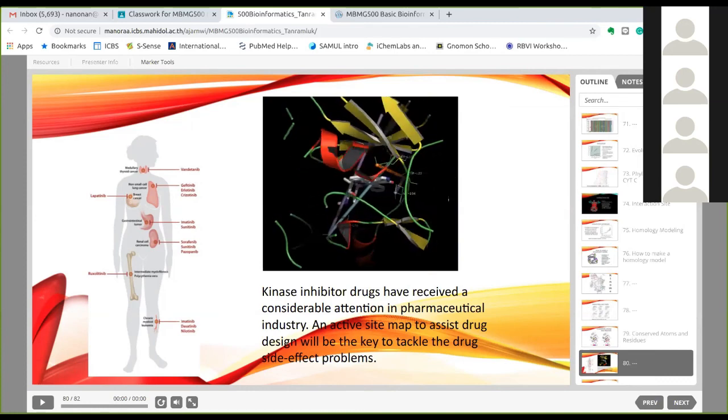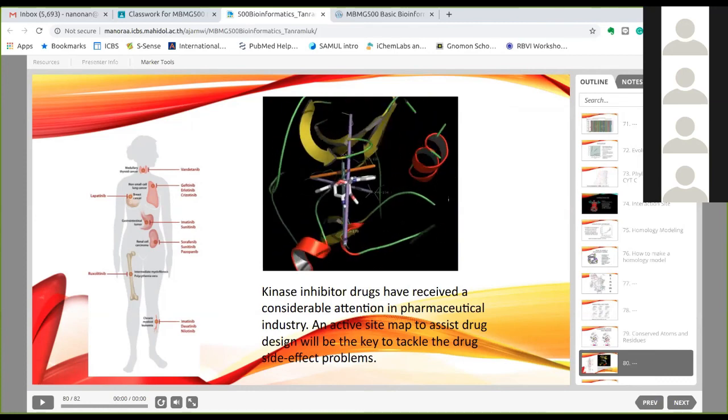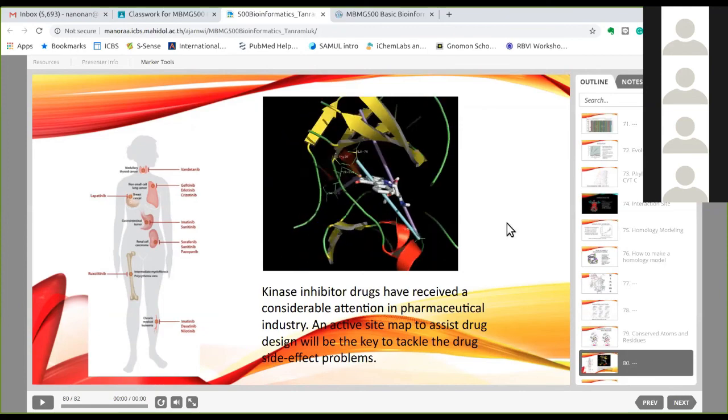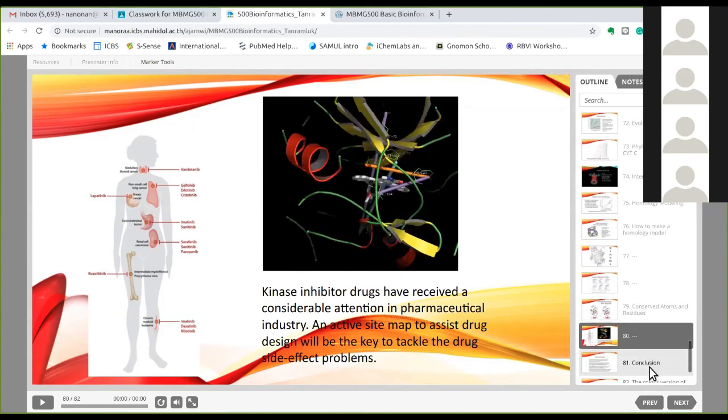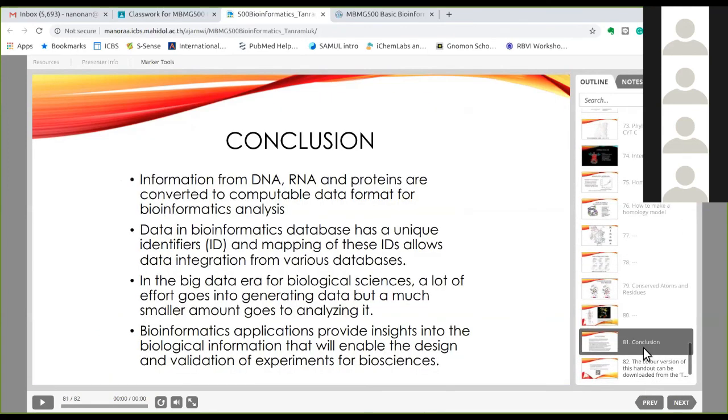So the details would be emphasized a lot in drug discovery class, but for now, this class should be at this slide. So in conclusion, information from DNA, RNA, and proteins is converted to computable data format for bioinformatics analysis. Data in bioinformatics databases has unique identifiers or IDs.